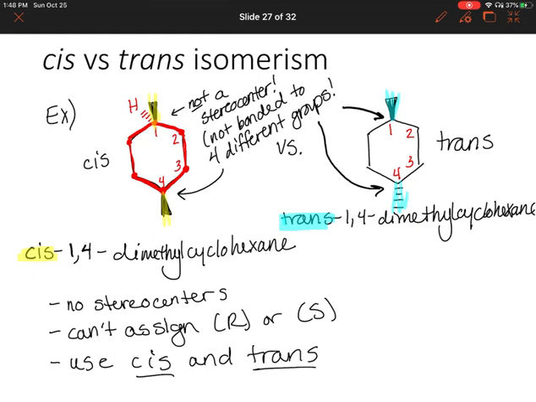So these two are not enantiomers because they do not have stereocenters. However, they are diastereomers. So they're diastereomers because they have the same molecular formula, but a different 3D layout.